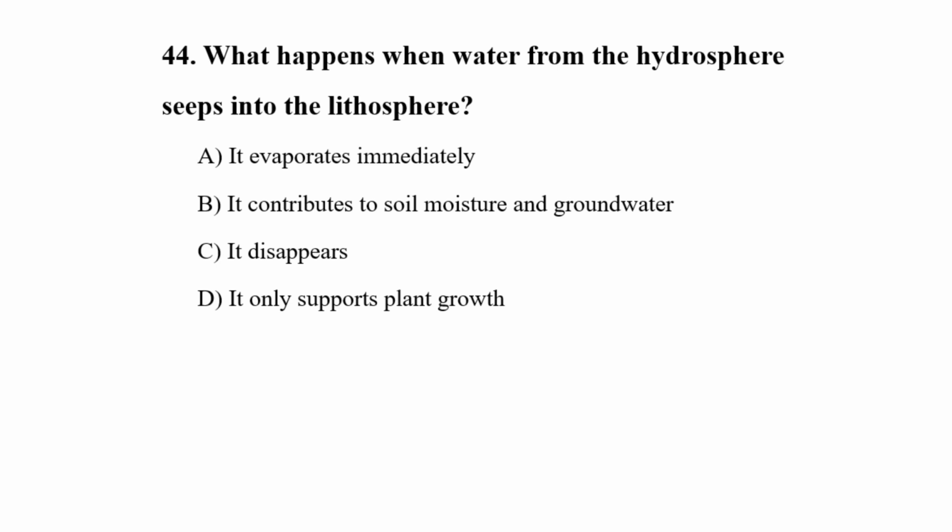Question number 44. What happens when water from the hydrosphere seeps into the lithosphere? A. It evaporates immediately. B. It contributes to soil moisture and groundwater. C. It disappears. D. It only supports plant growth.